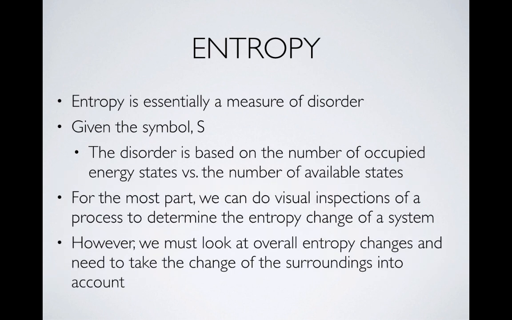What we really need to look at for the impact of entropy is the overall entropy changes. So not just the change of the chemical system, but also what happens to the entropy in the surroundings around the system, because they factor into the spontaneity of a reaction as well. And so we're going to look at all of that eventually.